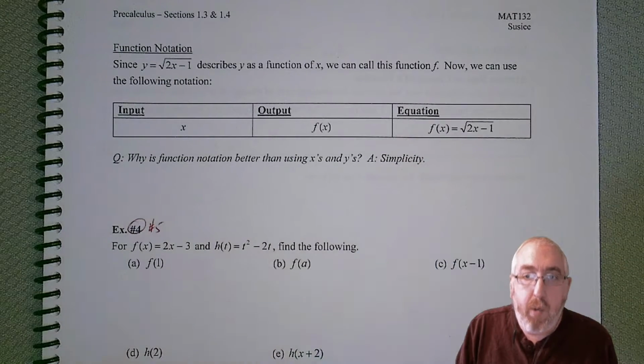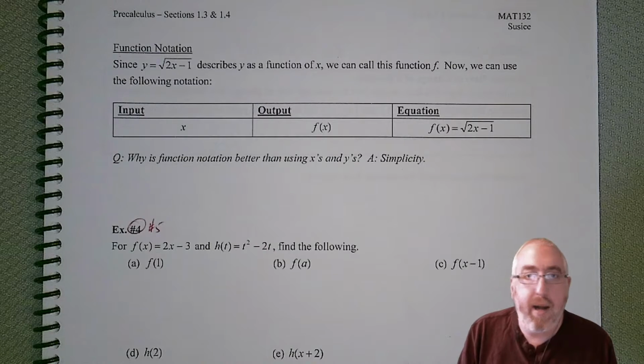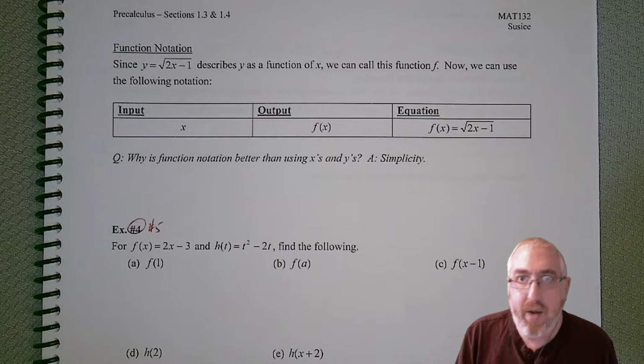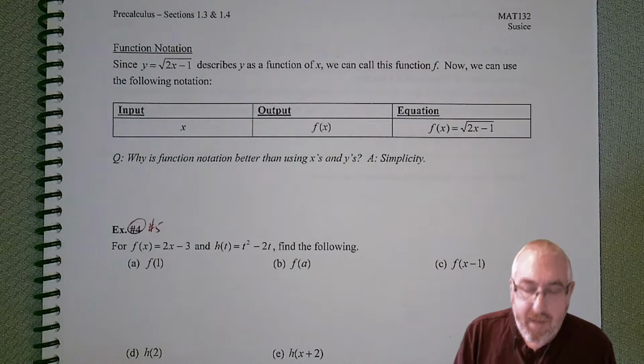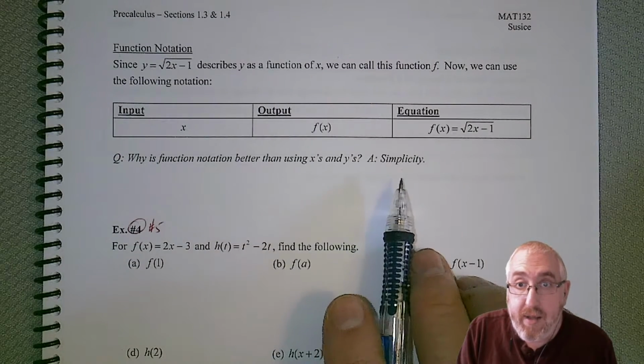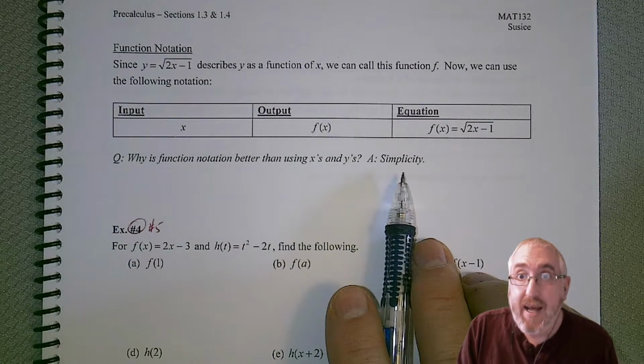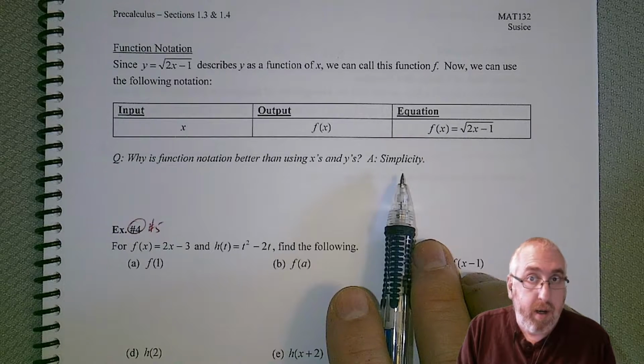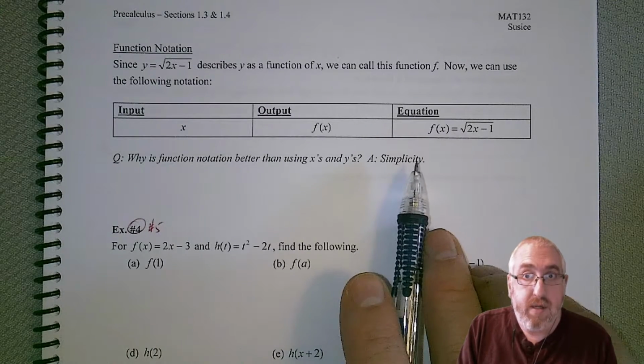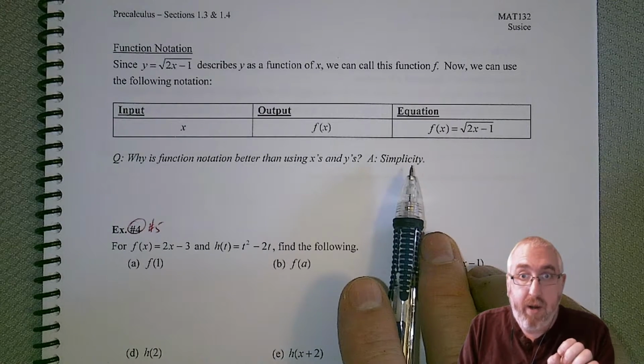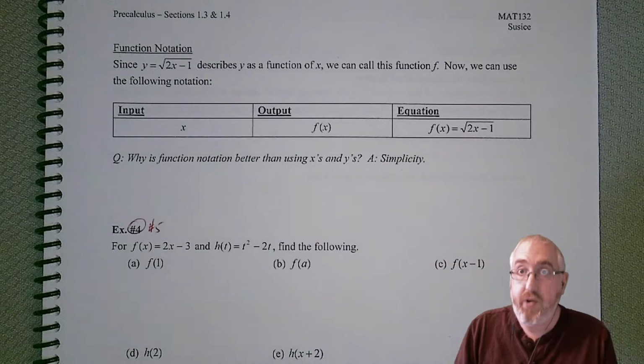So the number one question that you might have would be, why even do this? Why do we need function notation? And truthfully, the answer is simplicity. It's much, much simpler to reference a singular equation when you have a bunch of them that you're dealing with.